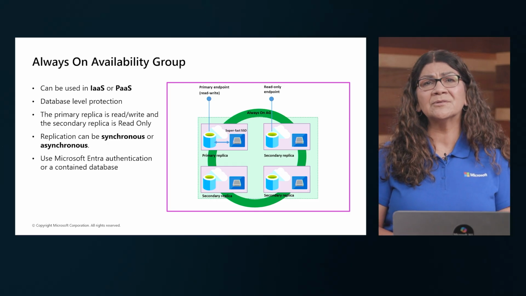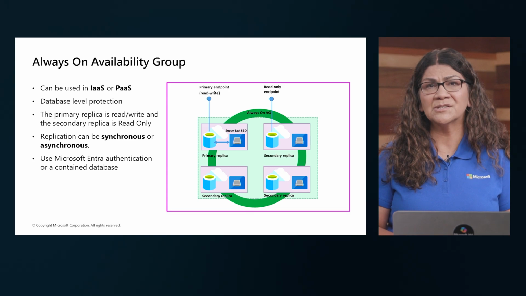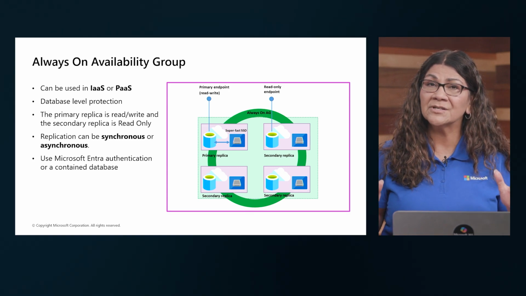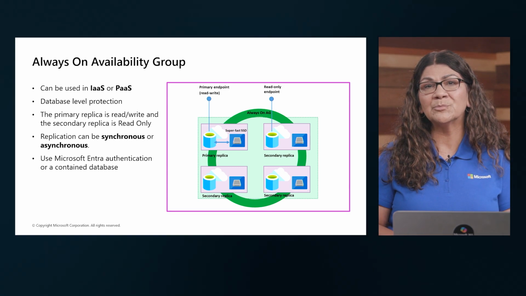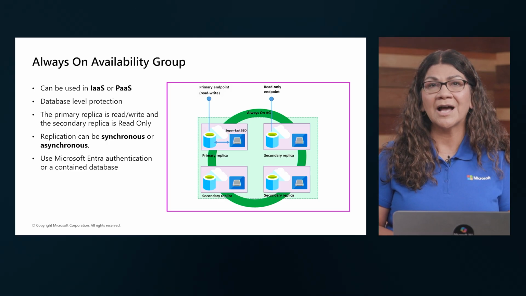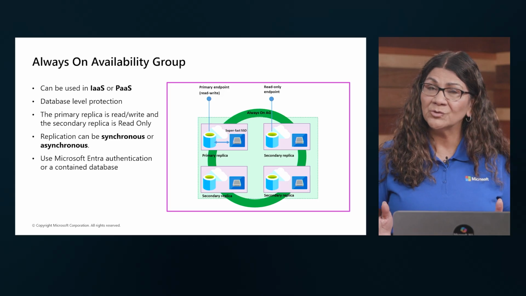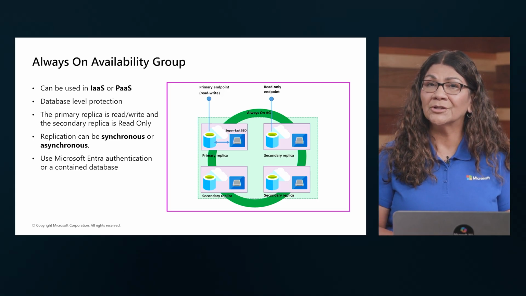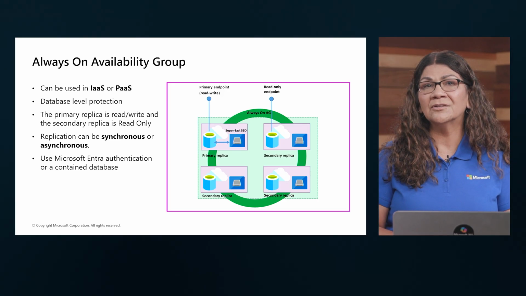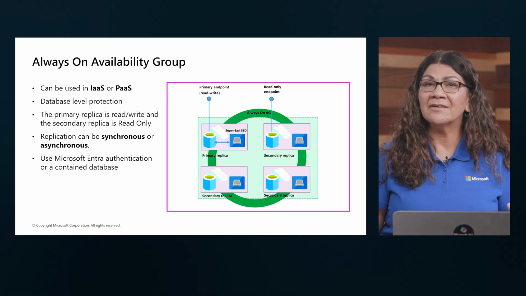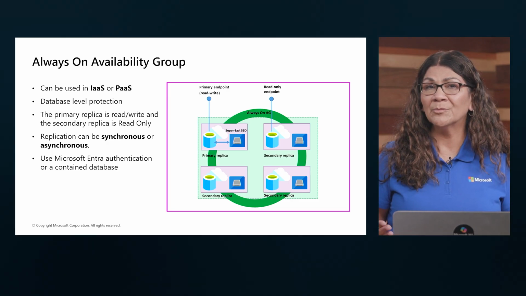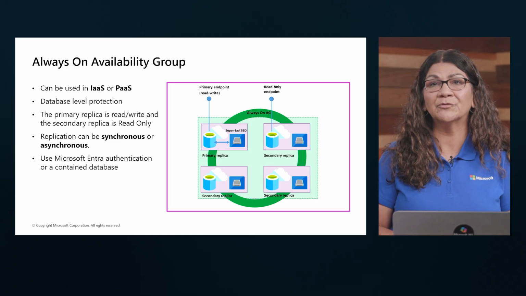In contrast, SQL Server failover cluster instances protect the entire SQL Server instance, automatically preserving all instance-level objects during failover. FCIs require shared storage and an internal load balancer, and they're ideal for traditional high availability deployments where minimal manual intervention is preferred.